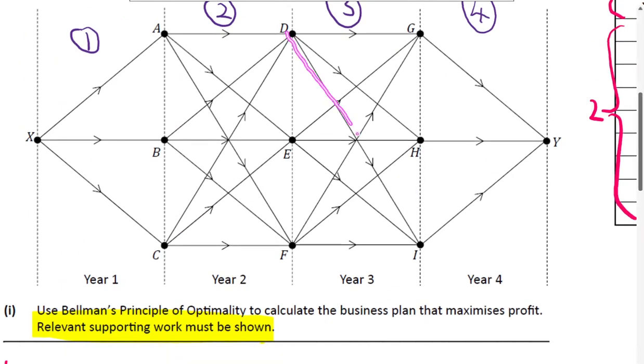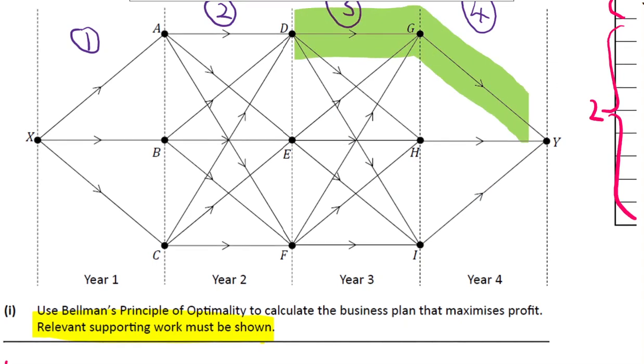So we know DIY is the optimal route from D to Y if D is part of the overall optimal path. And we now know that DGY and DHY are not optimal, so if we end up at D, we don't go to G and we don't go to H.